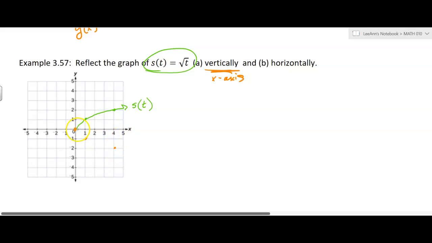Each of our outputs, like here we had an output of 1, now it becomes negative 1. Here we had an output of 2, now it becomes negative 2. This is part A of vertical reflection, okay? So it's reflecting vertically. All right, now go back to the green one, and now we want to reflect it horizontally.